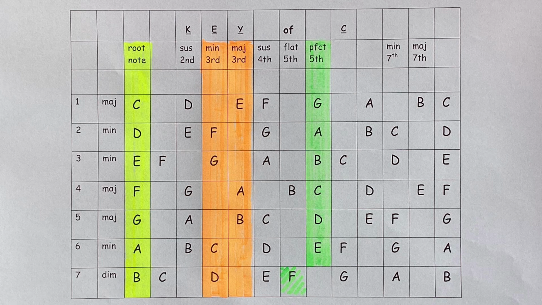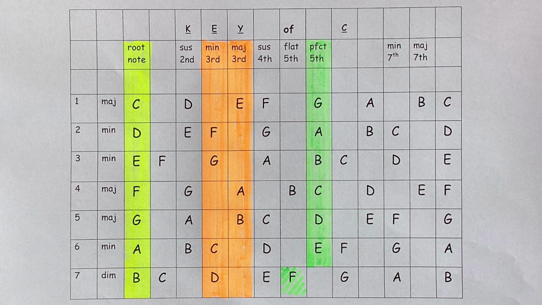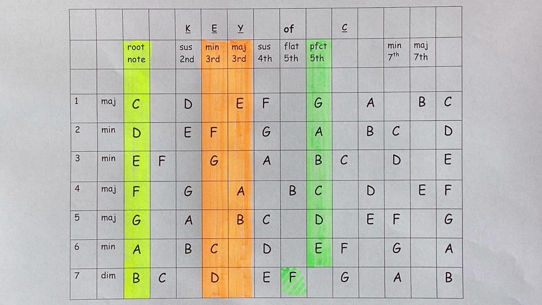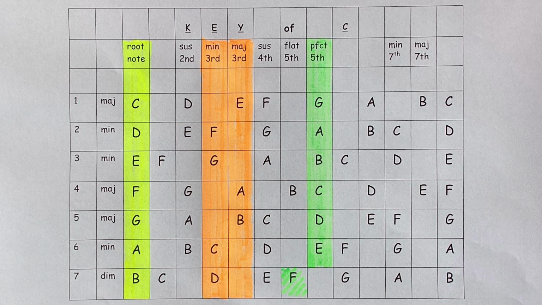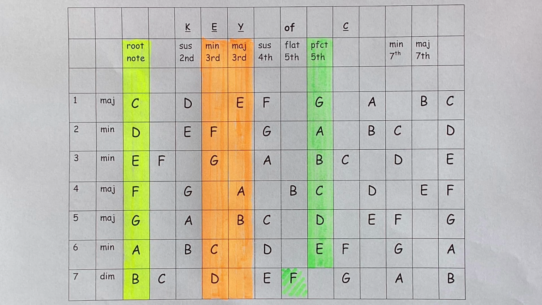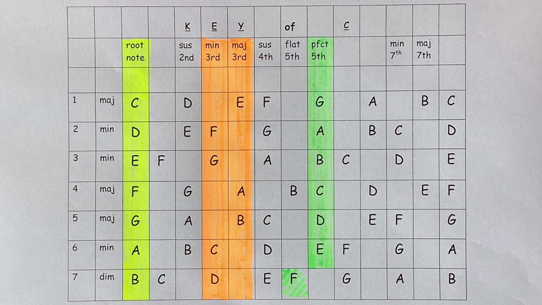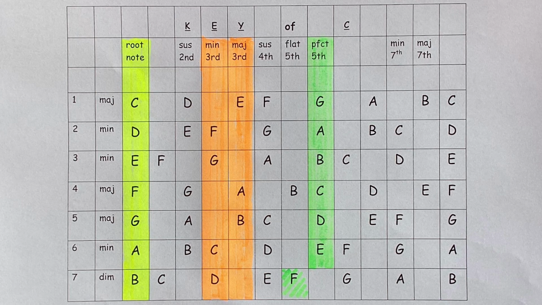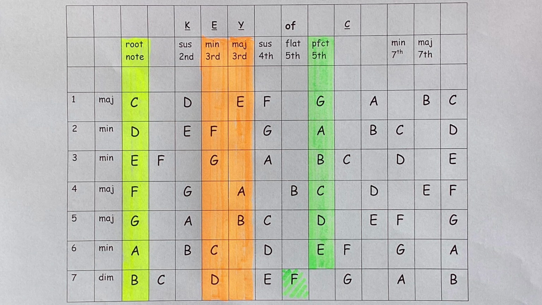And the 5 chord, which is G, we go G, 2nd note A, 3rd note B, so G, B, 4th note C, 5th note D, so G, B and D, that gives us a G chord, and F, A and C, that gives us an F chord, and they're all constructed in the same way as the C chord. So it's a C major, an F major and a G major.